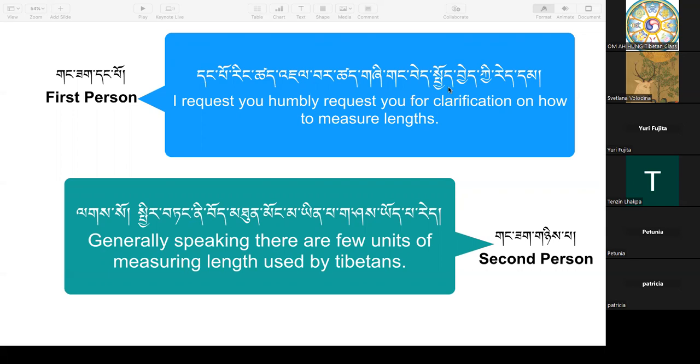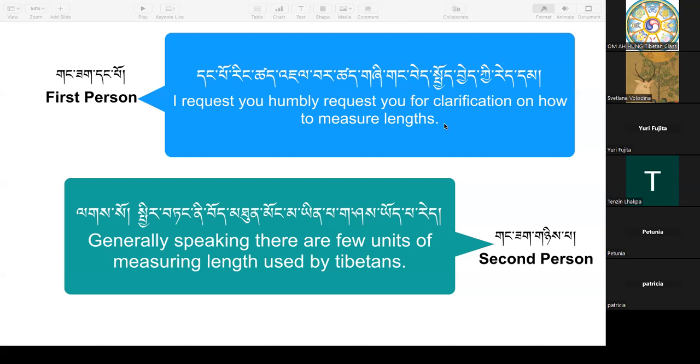So this is a more inferential translation of this line. I request you humbly, or I humbly request you for clarification on how to measure length. So how you should measure length.